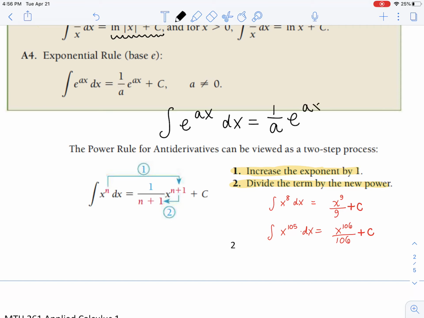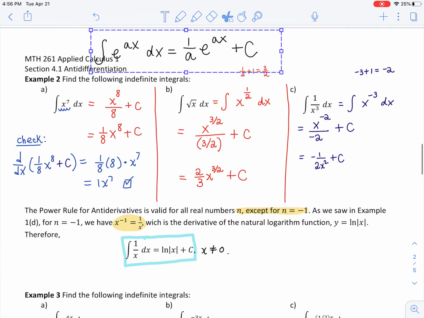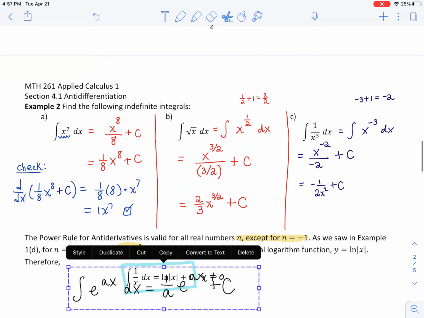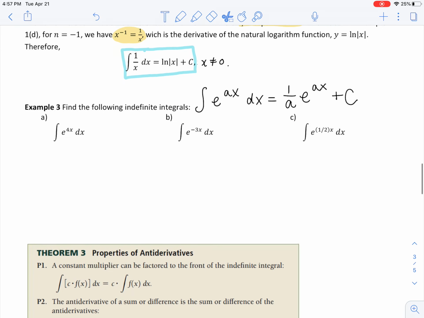The rule says the integral of e to the ax dx equals 1 over a times e to the ax plus the constant of integration c. And a cannot be equal to 0, as you can see, otherwise we're going to have an undefined expression.